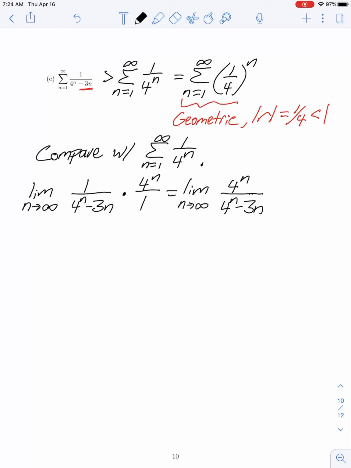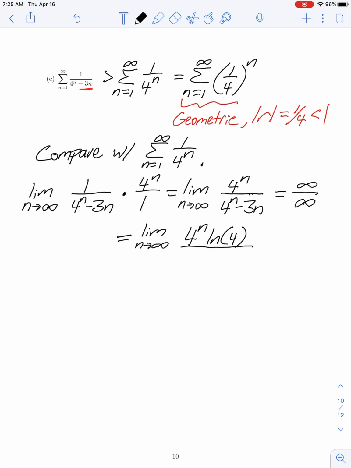As we're taking the limit as n approaches infinity, we get an indeterminate limit of the form infinity over infinity. So we could apply L'Hopital's rule, and we would have the limit as n approaches infinity of the ratio of the derivatives of our numerator and denominator. So for our numerator, remember to differentiate these exponential functions like 4 to the nth, we would have 4 to the nth power times the natural log of our base, 4.